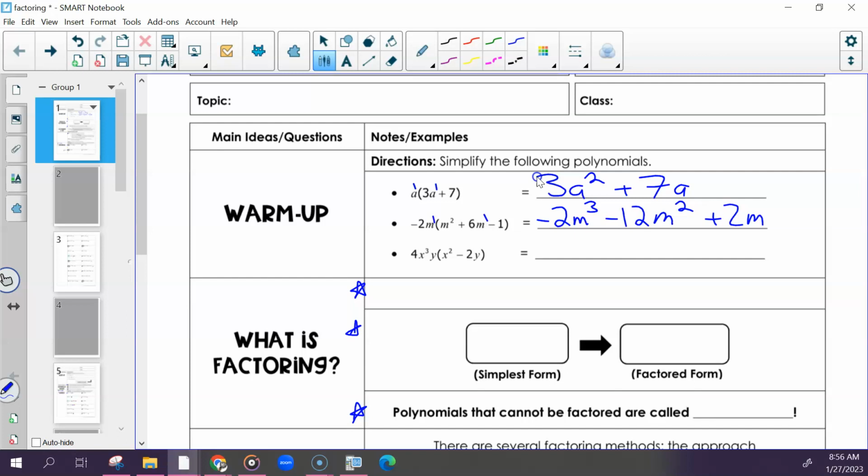Right? Now for this one, if we distribute this, what would this one be? What do we think?